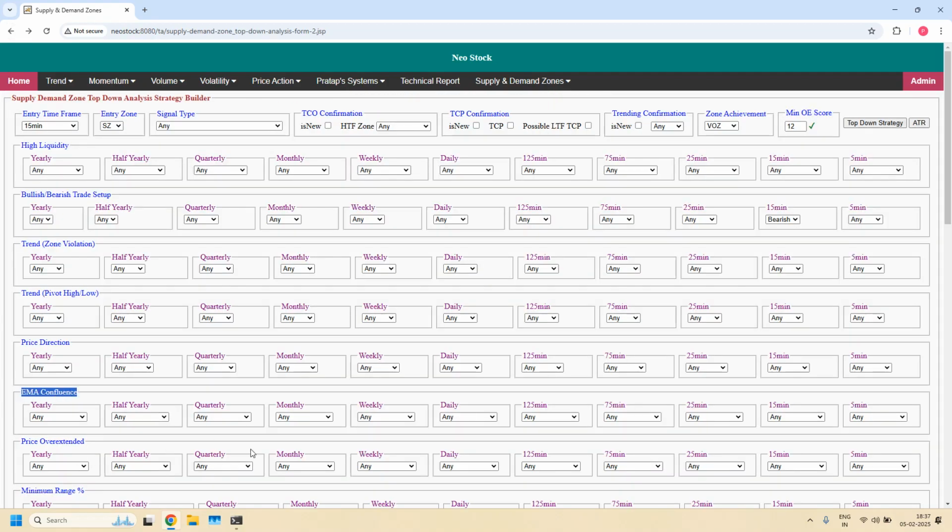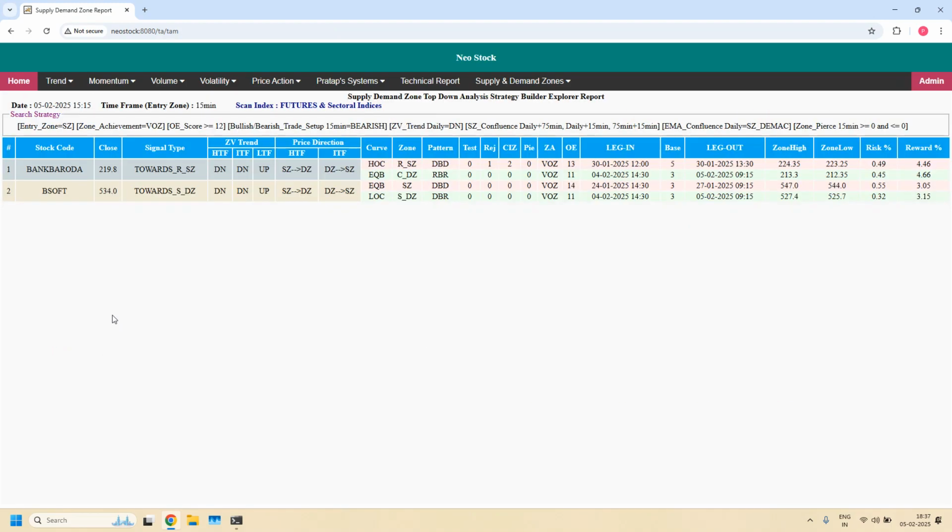In the EMA confluence at the daily time frame, I am setting the filter daily supply zone having daily EMA confluence, and the trend on the daily time frame should not be sideways. It should be a downtrend because it is a bearish trade setup. Let's filter. We got 2 stocks.